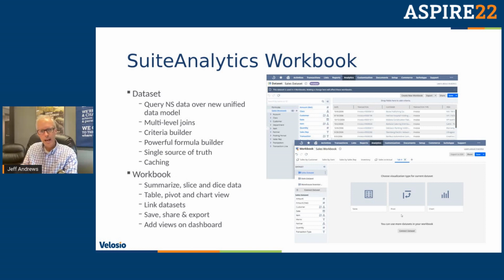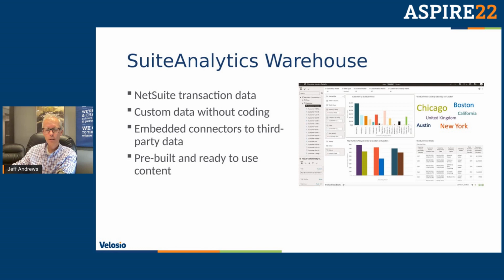You can actually cache that so that it shows you that data instantly and only refreshes when you force a refresh. And then you can see in the workbook side, there are some additional slicing and dicing tools, tables, pivots, charts, linking multiple data sets from within NetSuite, saving and sharing those out, and some additional capability to add those right on your dashboard in NetSuite. So that is SuiteAnalytics Workbook.